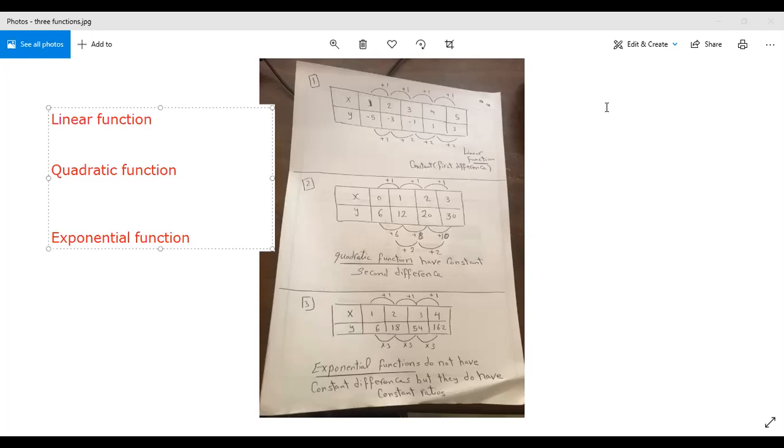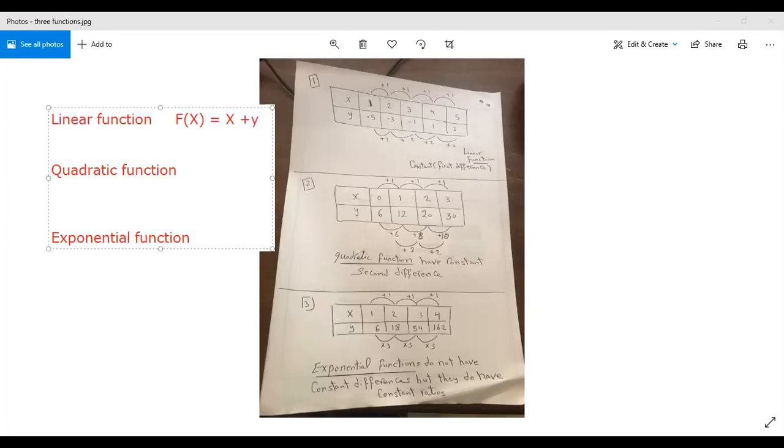of functions. Do you remember a linear function? The highest exponent is what? Or give me any example of a linear function. So I can say, for example, y equal, or we can write the function, f of x equal x plus 2.